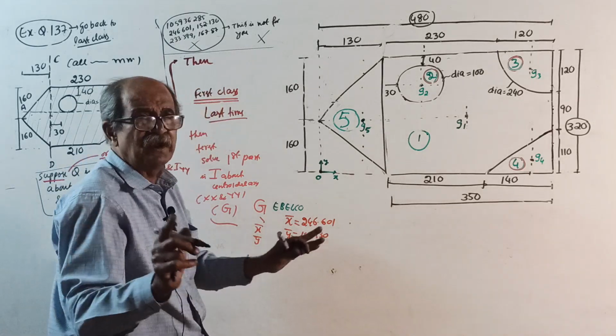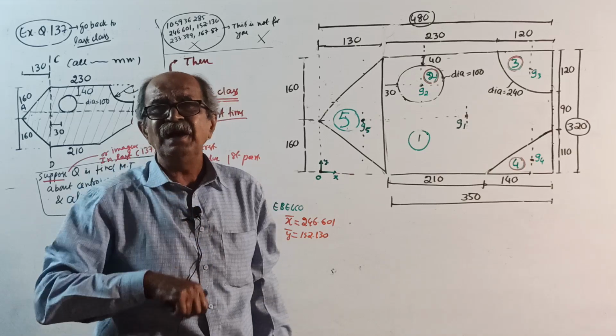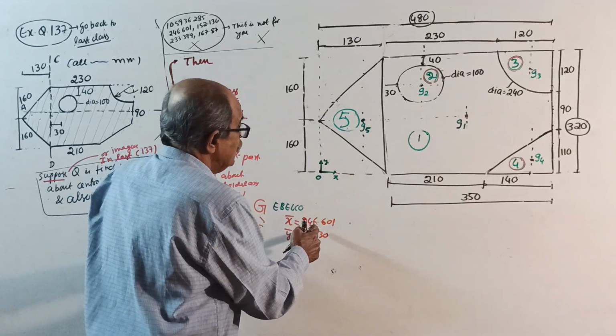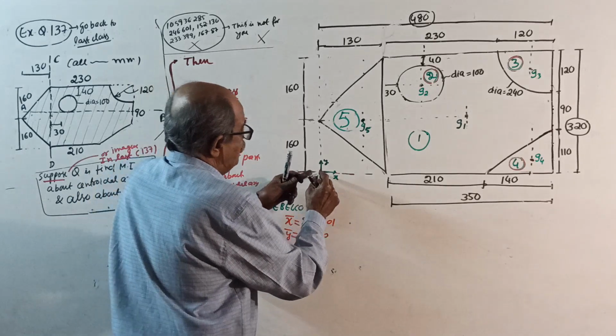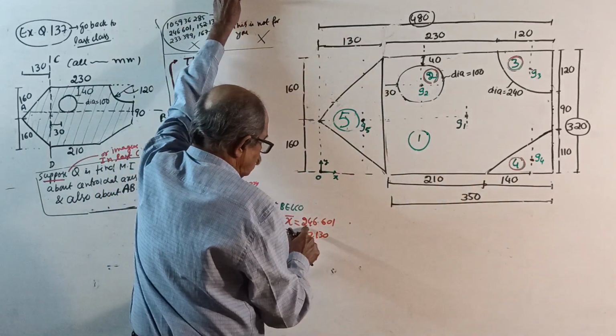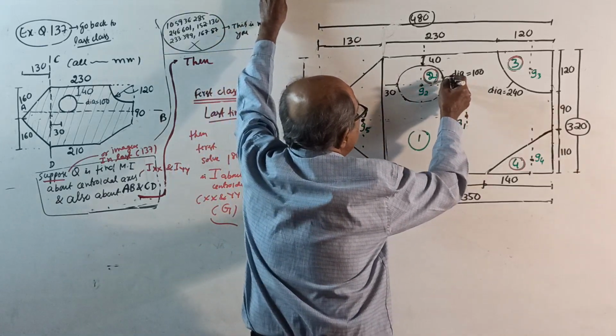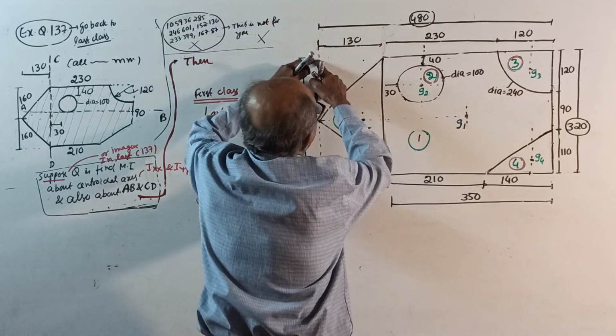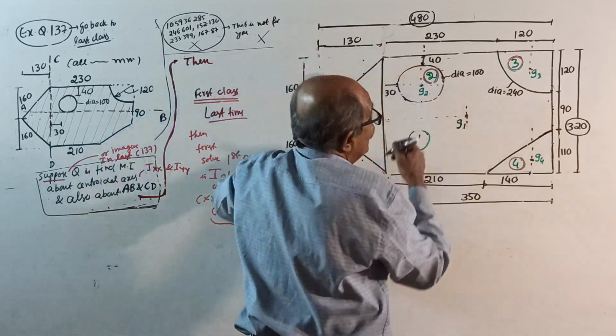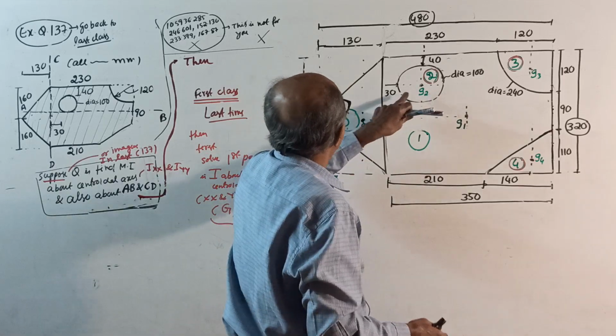Write all this. Then immediately mark centroid G. X bar is 246.601. I told you it will come slightly after this point. Why? 130 plus 30 plus 100. 100 plus 30 is 130.